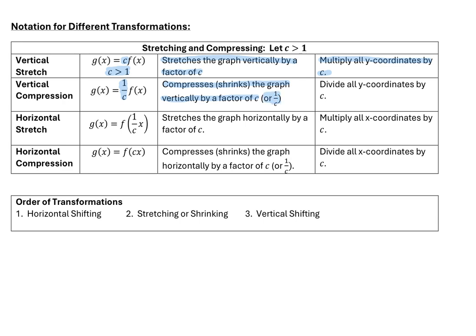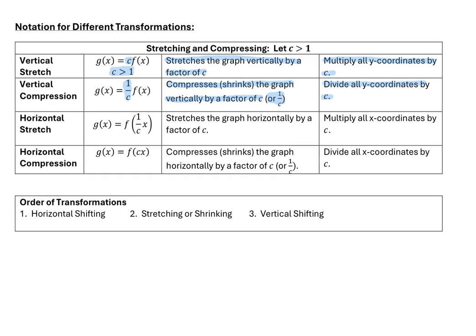I like thinking in terms of c instead of fractions. And so what we do here is we divide all the y-coordinates by c. All right, these are going to be on the outside. On the outside is vertical. It affects the y values, just like previously.